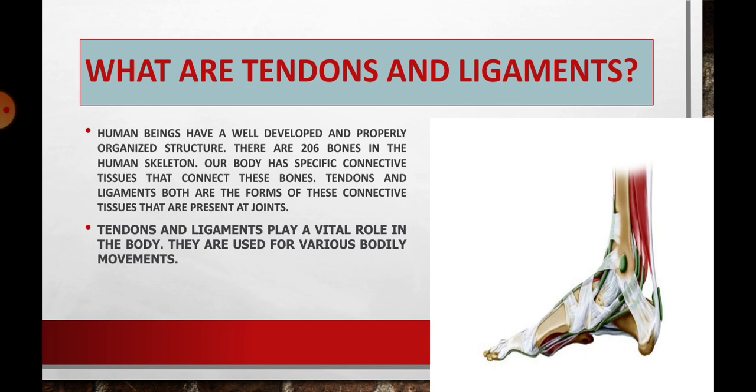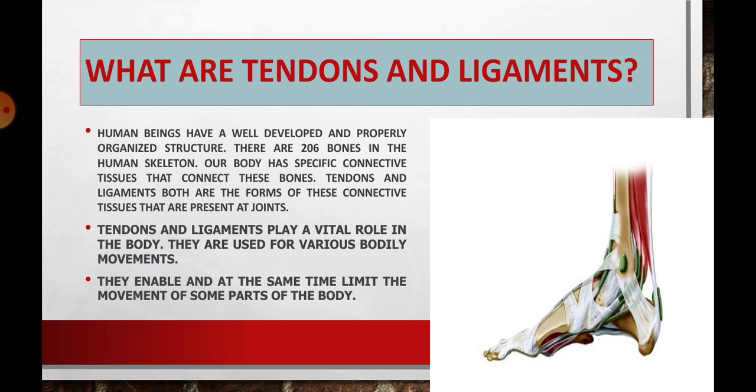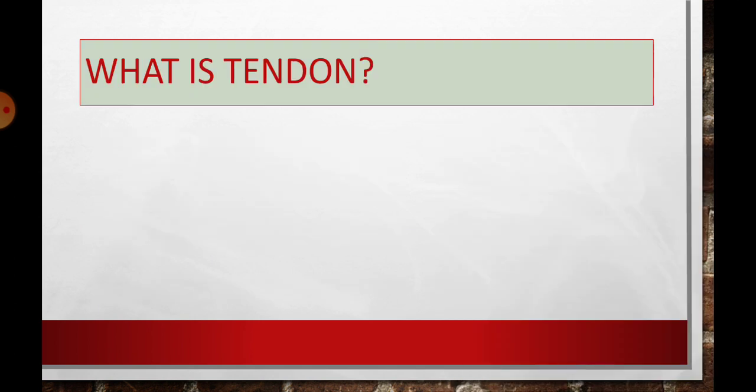Tendons and ligaments play a vital role in the body. They are used for various bodily movements, and at the same time they limit the movement of some parts of the body. Let's know what is tendon.